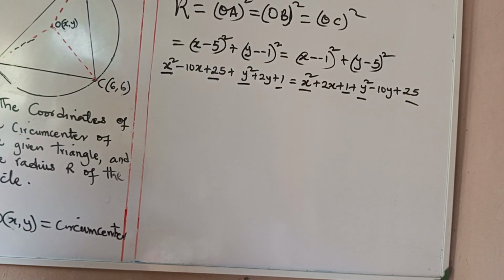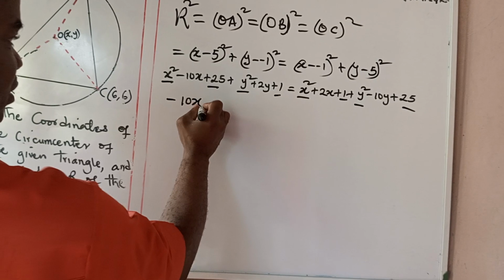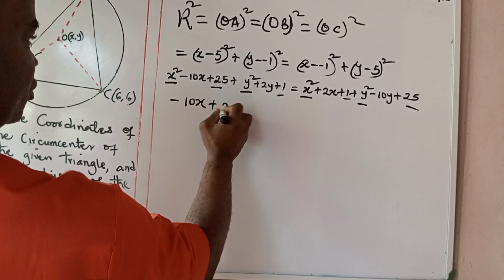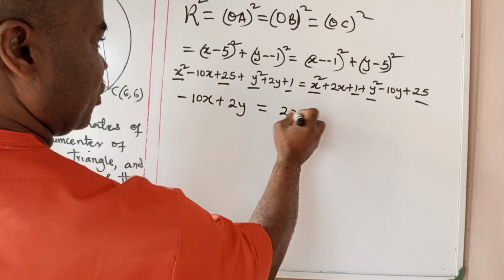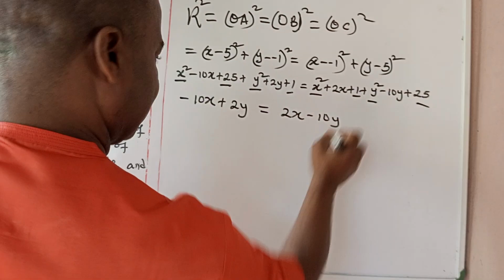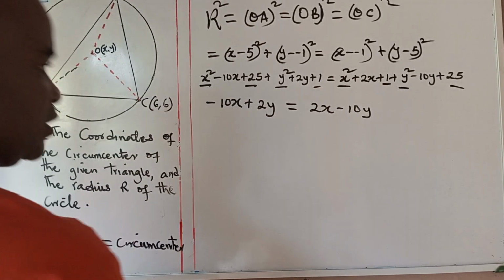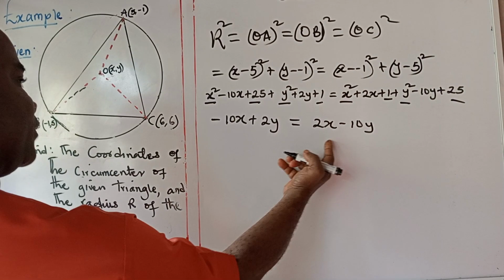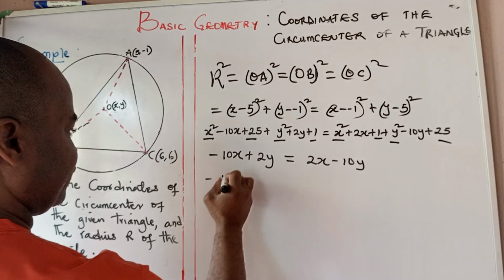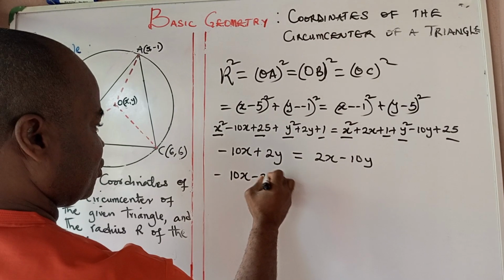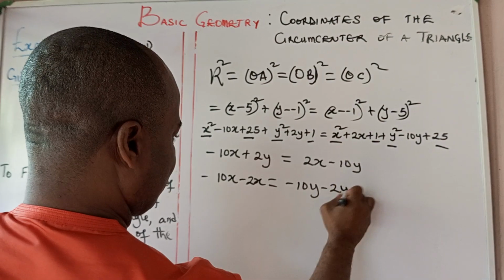And what are we going to be left with? We are going to have negative 10x plus 2y is equal to 2x minus 10y. At this point, if we collect terms using additive inverses also, to have the x terms on the left and the y terms on the right, we are going to have negative 10x minus 2x is equal to negative 10y minus 2y.